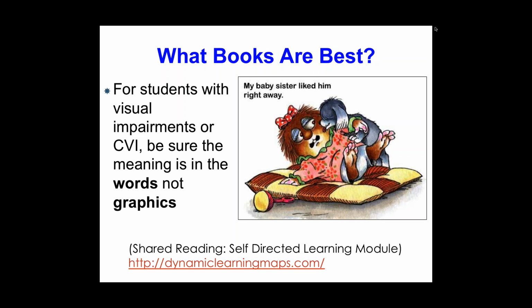One of the reasons they love them is that the pictures and the text are often so at odds. He's talking about how his baby sister liked the new puppy, and she's clearly terrified of this new puppy. So it's a very humorous picture-text mismatch, but it might not be as great if your students aren't able to see those small features such as her facial expressions.